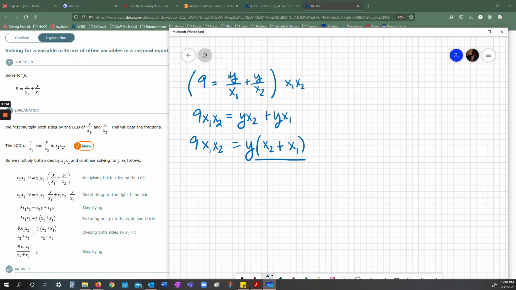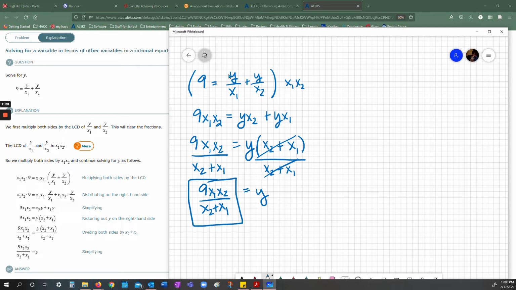When we divide by the x2 plus x1, it is going to cancel over here with the y. That way we're just going to have y. But over here we now have this complicated looking rational expression. And this is what you would type into the answer box.